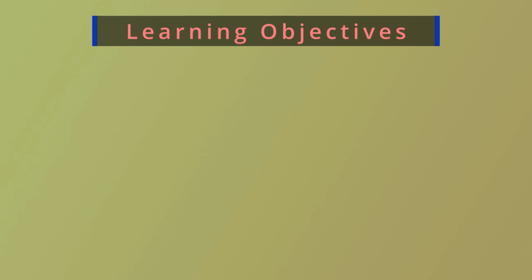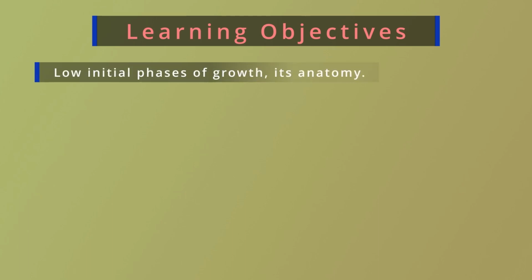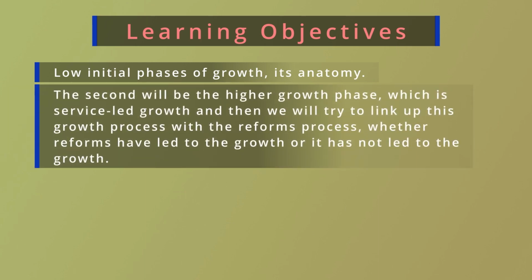In this module, you will be able to understand the low initial phases of growth, its anatomy. The second will be the higher growth phase, which is service-led growth. And then we will try to link up this growth process with the reforms process, whether reforms have led to the growth or it has not led to the growth.